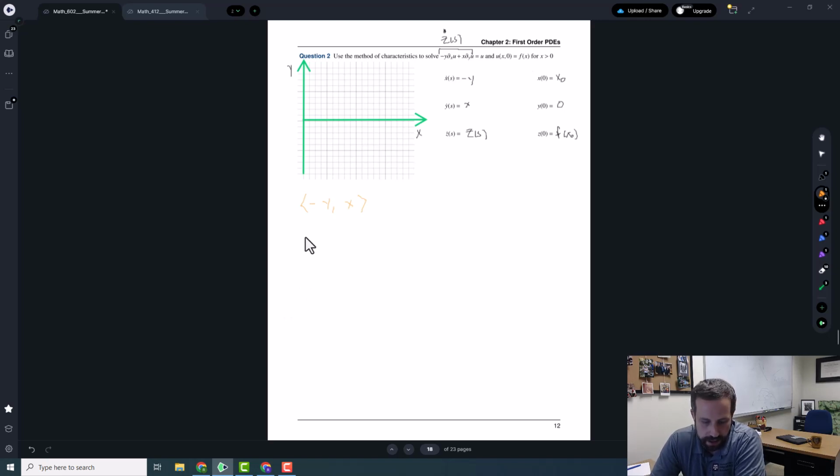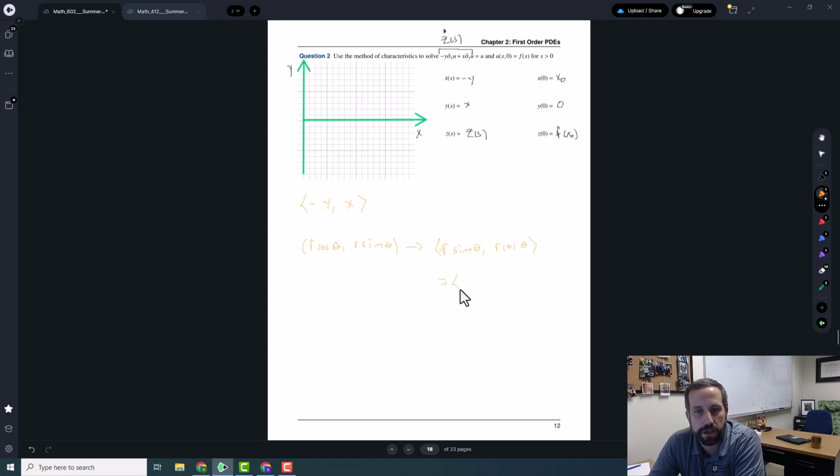But notice, if I look at the parameterization of a circle, it's going to be r cosine theta, r sine theta. Okay, and if I take the derivative of this with respect to theta, in other words, if I find the tangent vector, I'm going to get minus r sine theta, and then r cosine theta.